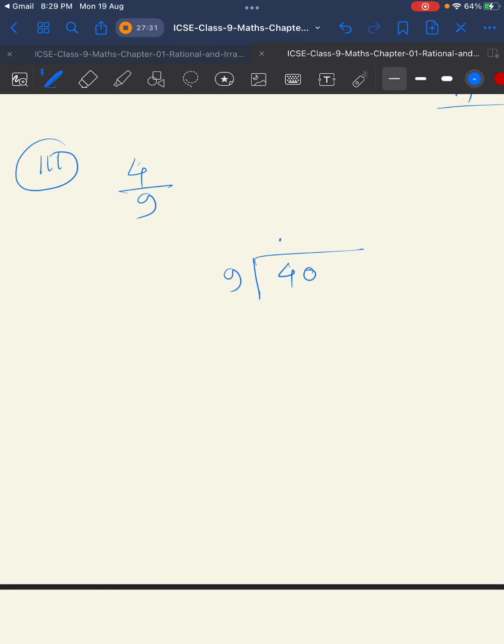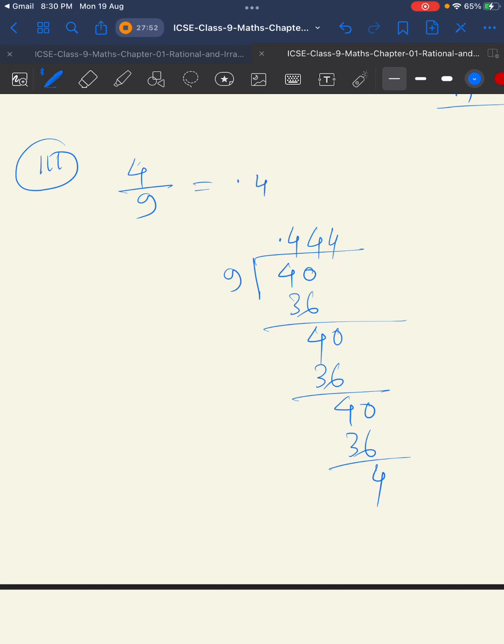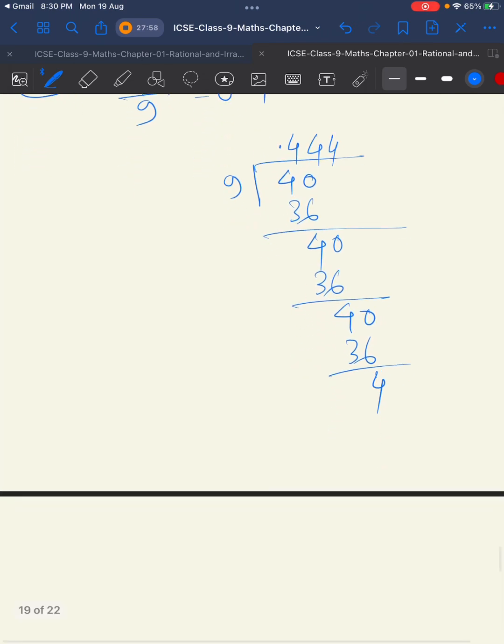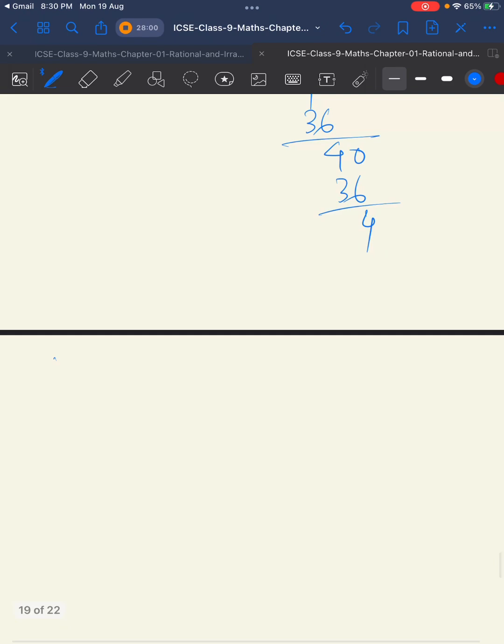So here point 4, 36. Now 4 for the point here will be 0. Now 9 4s are 36. Also this will be repeated. 9 4s are 36. Here 4. So the single digit is repeated here. So the quotient is 0.4 dot.